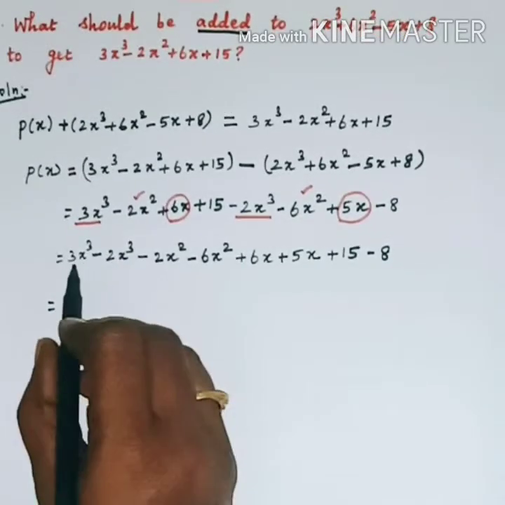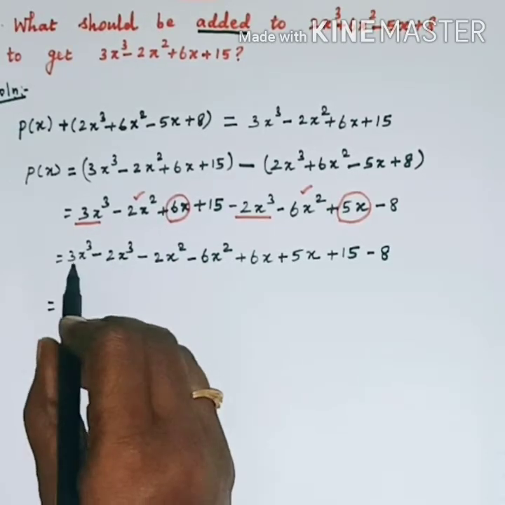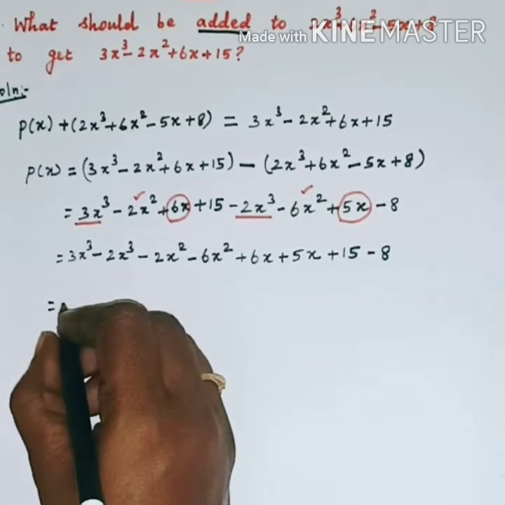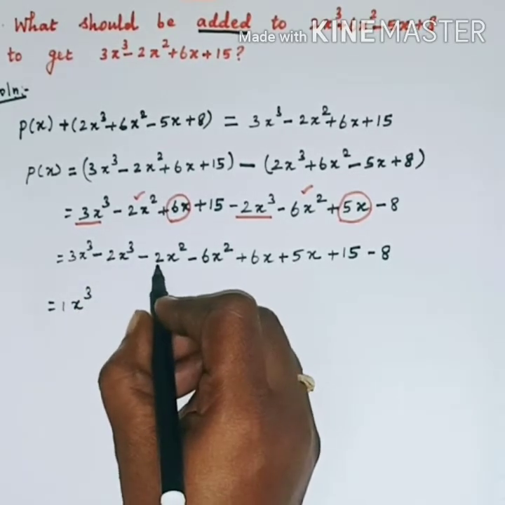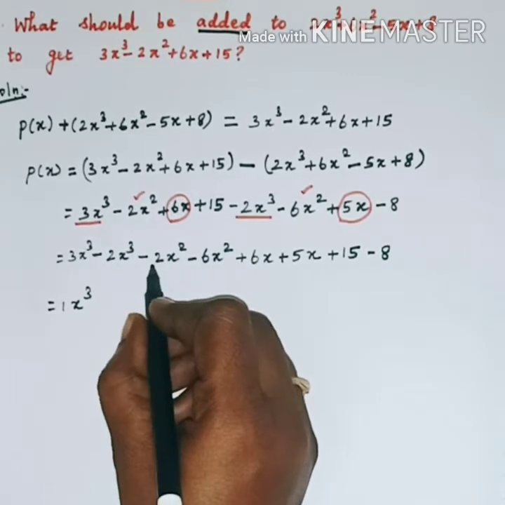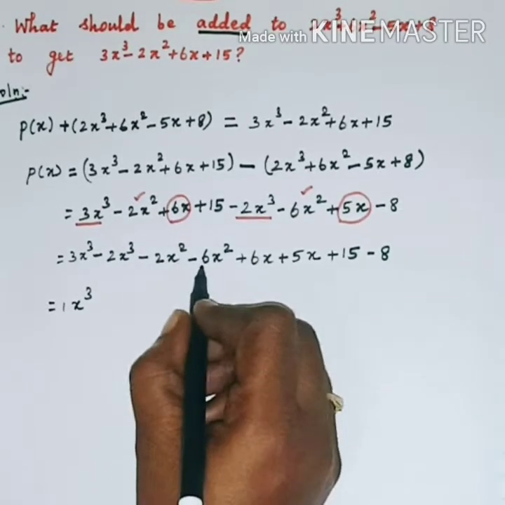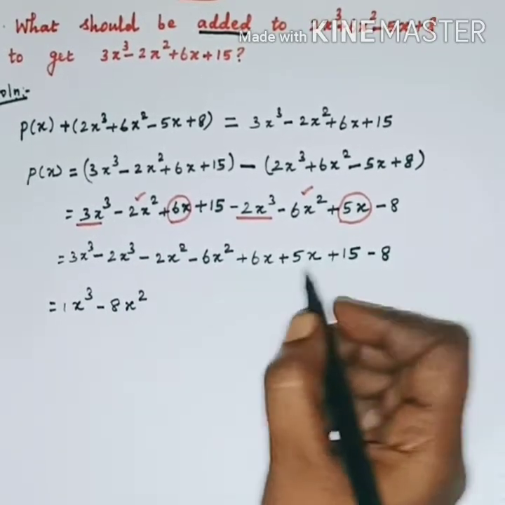Now 3x cube minus 2x cube: subtracting these two, 3 minus 2 is 1, so 1x cube. Then minus 2x square minus 6x square: minus 2 minus 6, adding these two we get minus 8, so minus 8x square.